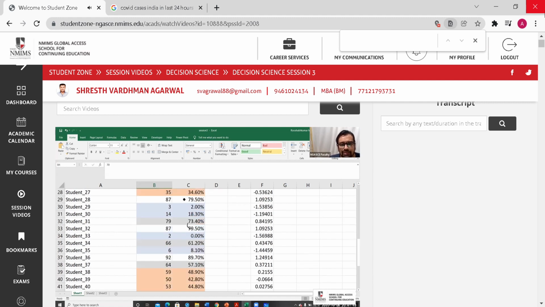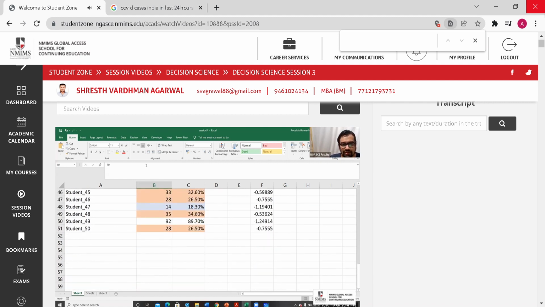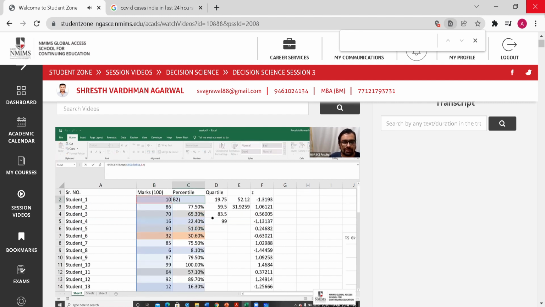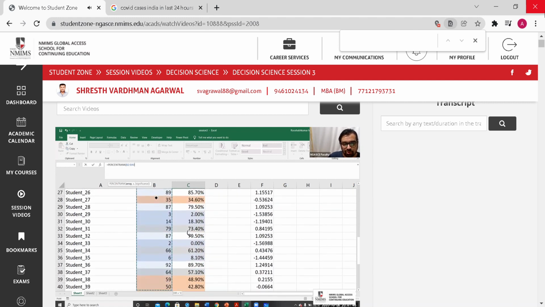Now let's calculate the percentile. How to calculate the percentile? This is the percentile rank formula. In Excel, this is a formula that we can apply to calculate the percentile based on 100. Here we select the entire array, the marks of the 50 students.